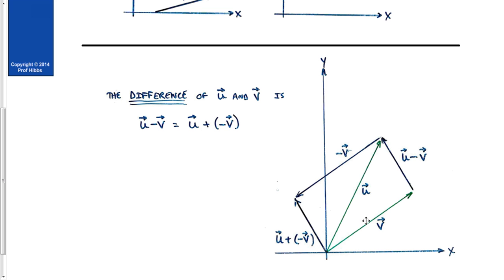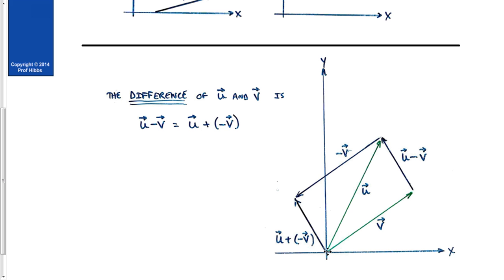So starting here and ending here. Now what I'm doing is I'm actually putting that negative v vector up here. So you can see that this vector, negative v, would be the same as if I had it down here. Okay, so here's my u, and I'm adding negative v. That's the same thing as u minus v.